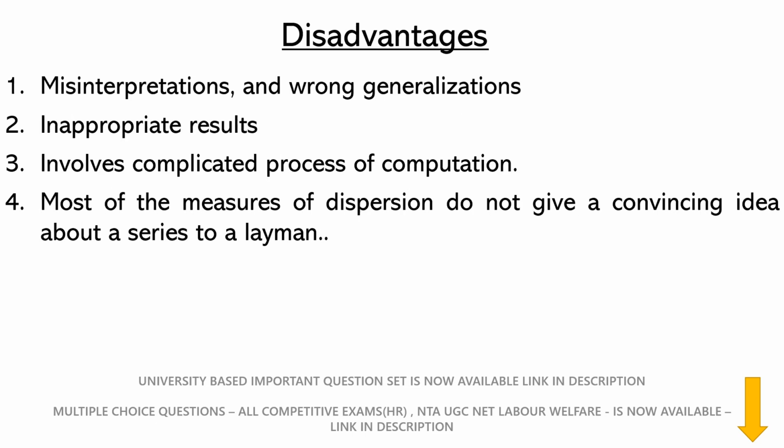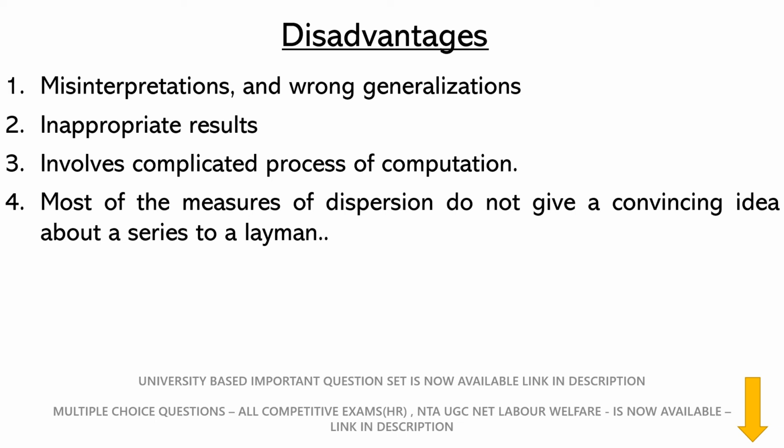Now let's move on to the various disadvantages of measures of dispersion. Now, sometimes based on these variations, the value that we are getting can be misinterpreted, or we can even generalize wrongly. Okay, whatever we are interpreting because of these variations, there can be a chance that we will be generalizing it wrongly, or it can be misinterpreted.